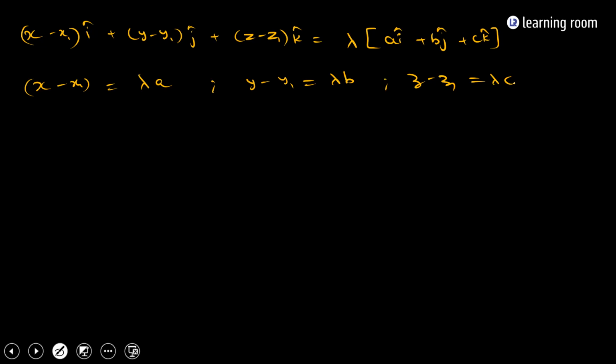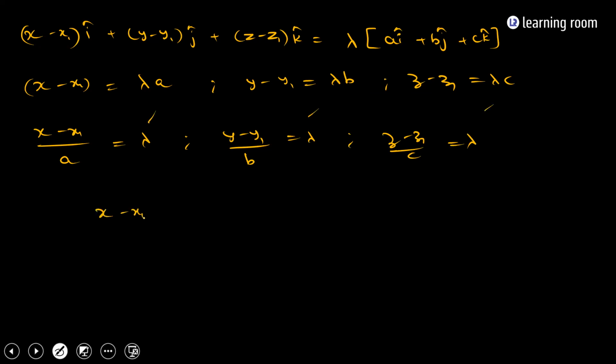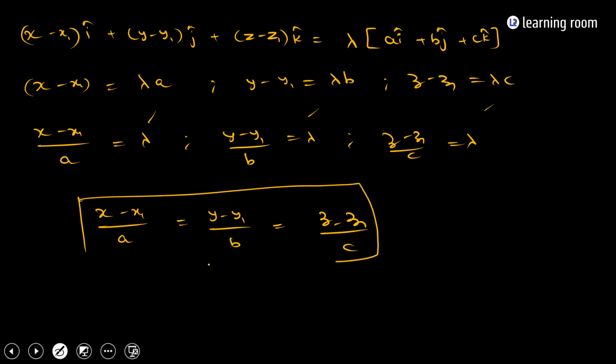I'll bring the a, b, c to the denominators of the left hand side, so that we have x minus x1 divided by a is lambda, y minus y1 divided by b is lambda, and z minus z1 divided by c is also lambda. Since all the expressions equal lambda, we can say x minus x1 by a, equals y minus y1 by b, equals z minus z1 divided by c, and this is going to be the Cartesian form of the line.